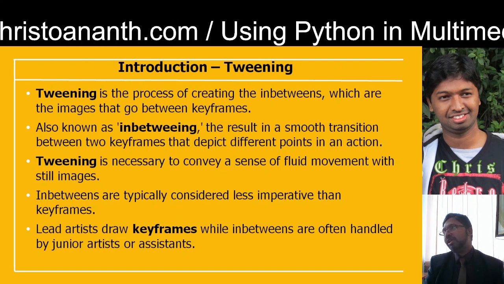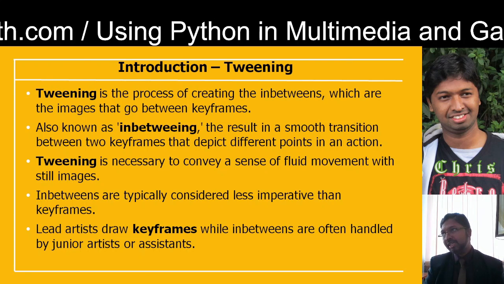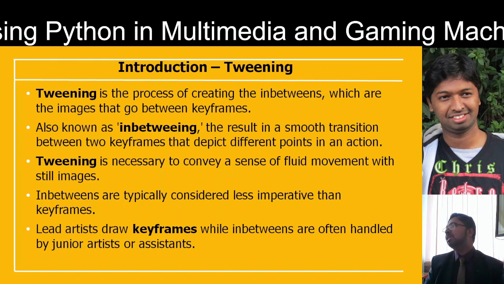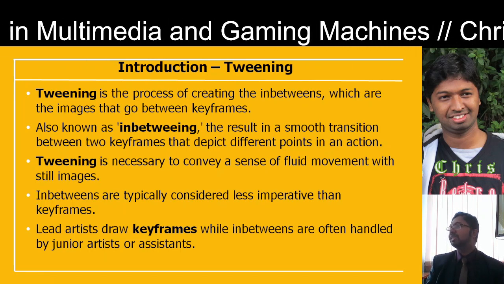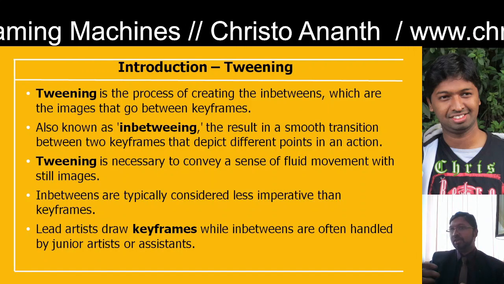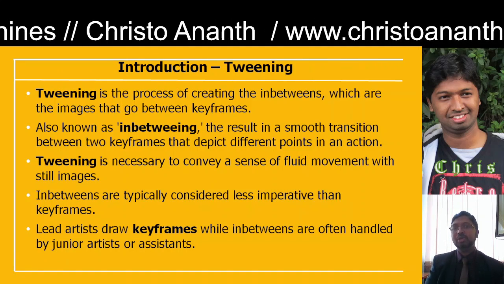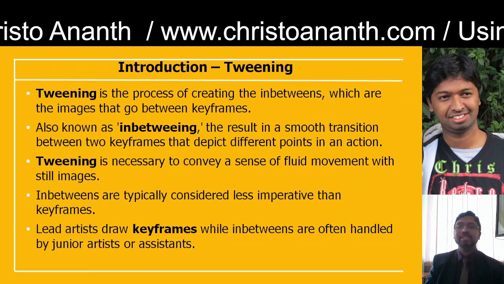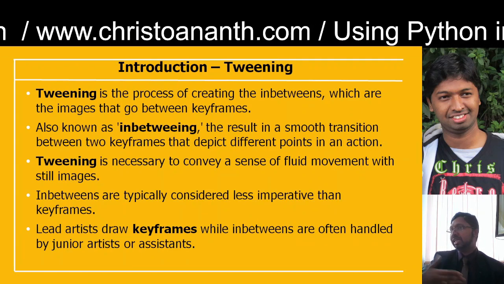So you can call it in-betweening or tweening. That's nothing but a smooth transition between two keyframes that have two different points in the action. With tweening, you are going to convey a sense of fluid movement with still images.